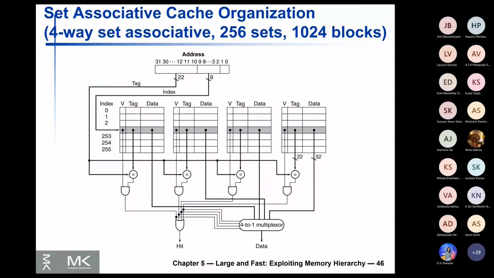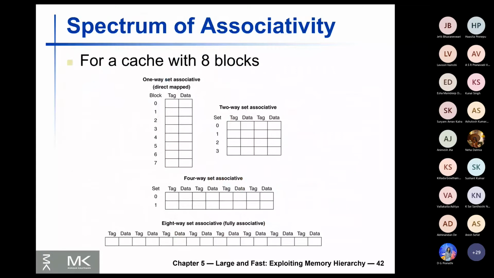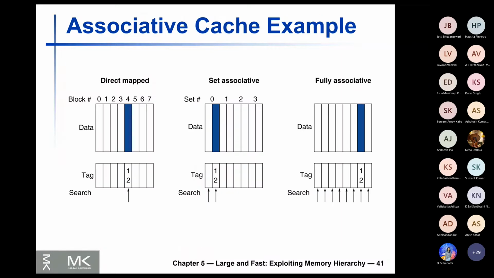Why? Because now you have to search in all the cache locations in parallel, where is my data, and you have to return the result of the search in 1 clock cycle.